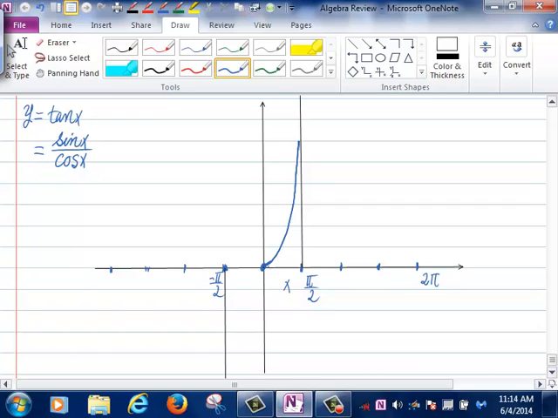So that's why you're getting negative infinity here. Okay, so that's how the graph looks between negative pi over 2 and pi over 2. Now, what's happening beyond that? Well, the same thing is going to repeat. So for example, this is pi over 2, and this is where you have 3 pi over 2.